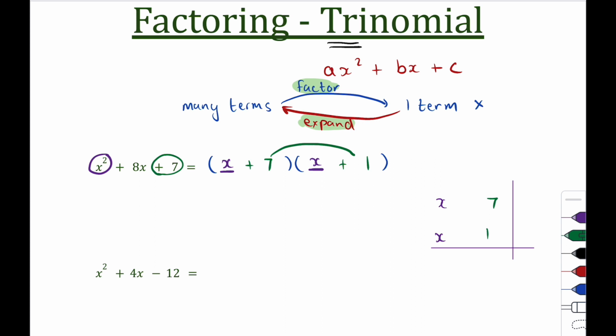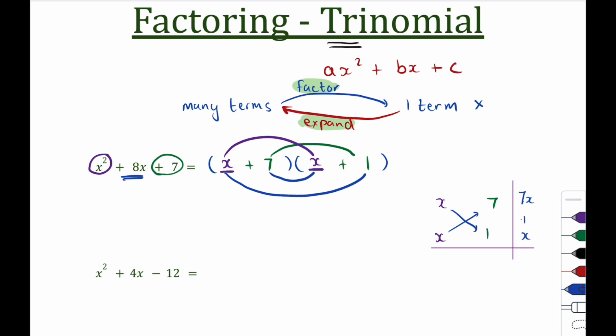But now we want to find out what is the middle term. And how do I find out what is the middle term? Well, first thing we multiply is x and x. That will give me x squared. Then we multiply the inner terms, which would give me 7x, and the last two terms, which will just give me 1x or just x.